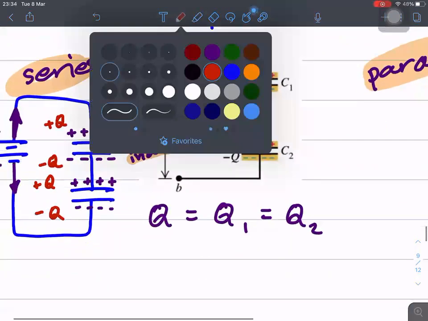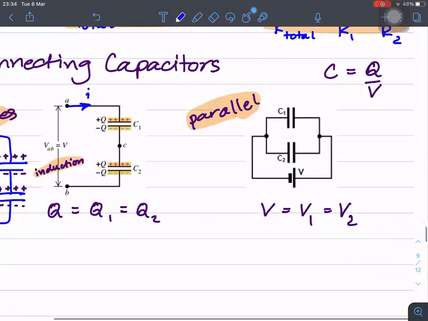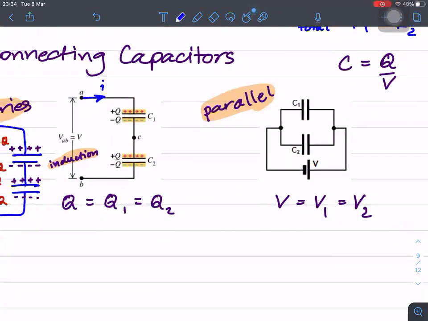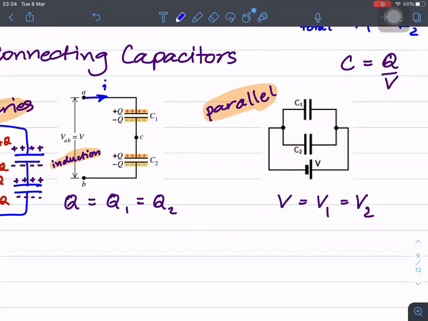And as a result, if I reconsider this definition, from C equals Q over V, Q would be equal to CV.